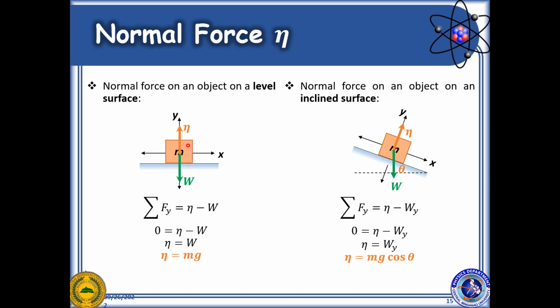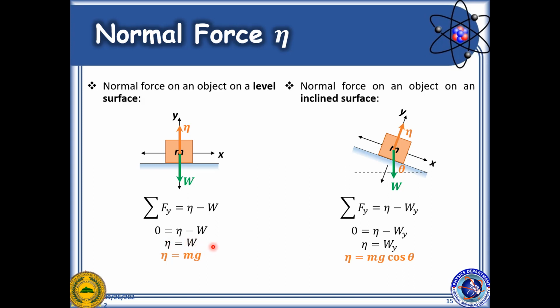Now since this system is in equilibrium, meaning it is not moving or is moving at constant speed, the net force should be equal to 0. So you have 0 equal to the normal force minus the weight, or the gravitational force. Transposing to the other side of the equation, the normal force is just equal to the weight.